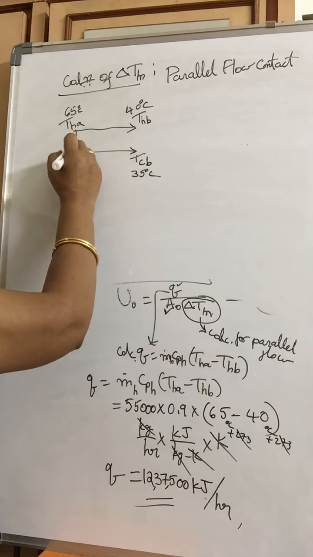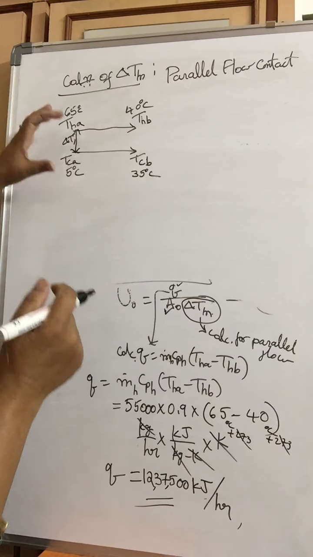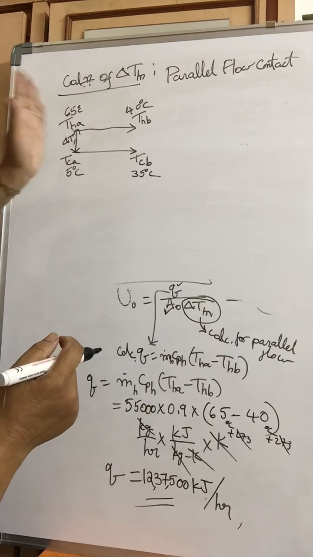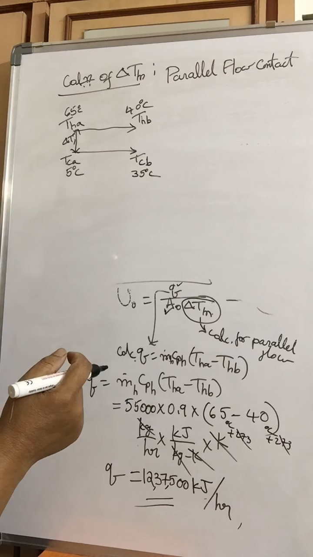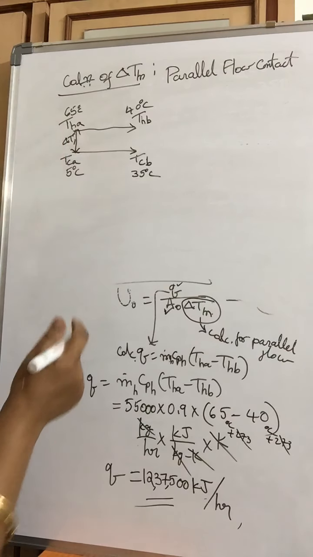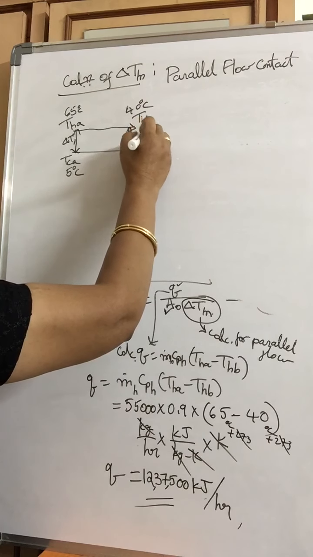So here, let it be delta T1. Delta T1 is the temperature difference at the entrance. Whether it is parallel or counter, delta T1 is always taken at the entrance and delta T2 is taken at the exit.